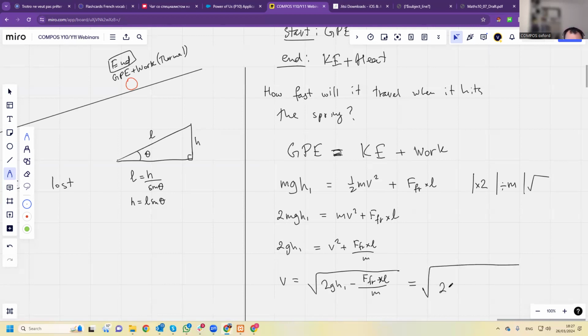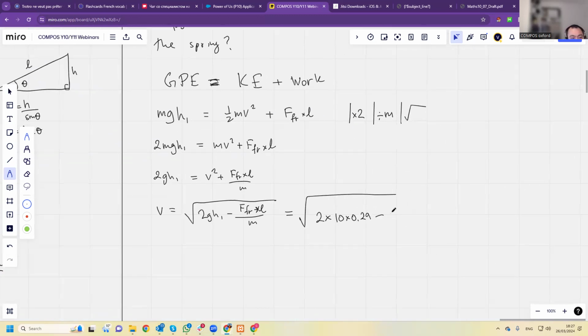So we can do 2 times 10 times 0.29, because that's the height, minus F friction 0.02 times L, which is 0.57, because that's the distance traveled, divided by the mass, which is 0.01.